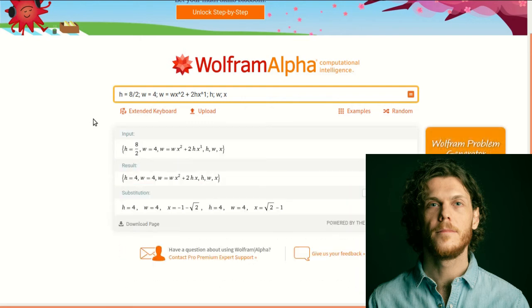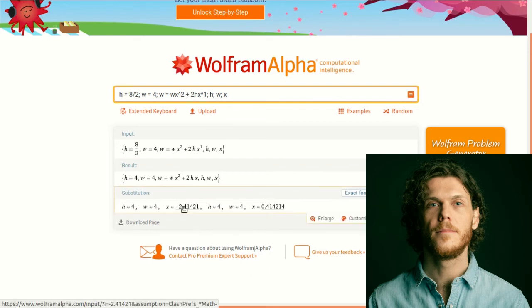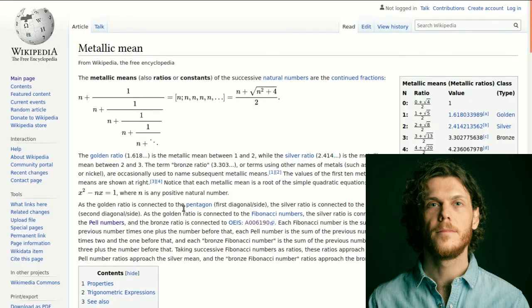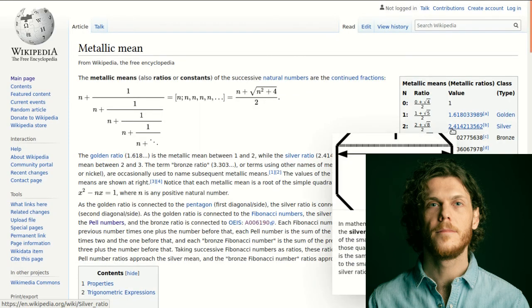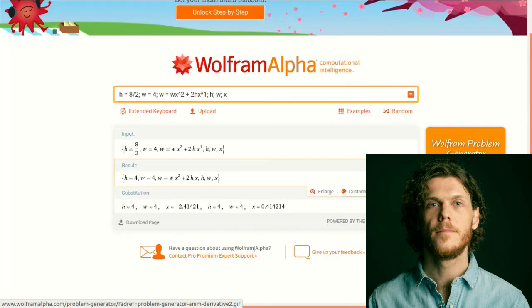X is either -1 minus square root of 2 or square root of 2 minus 1. So the negative x is -2.41421, etc., which absolute is the same as the silver ratio, according to Wikipedia.